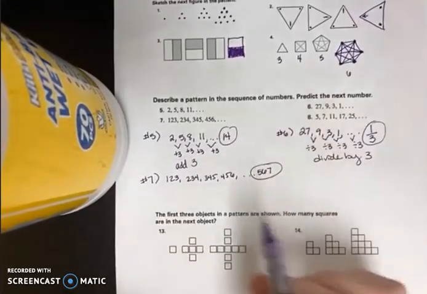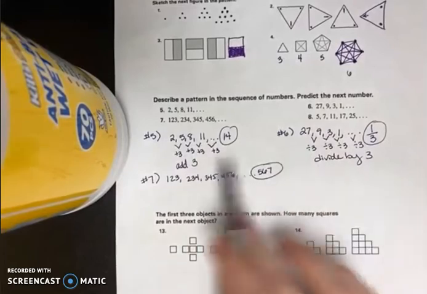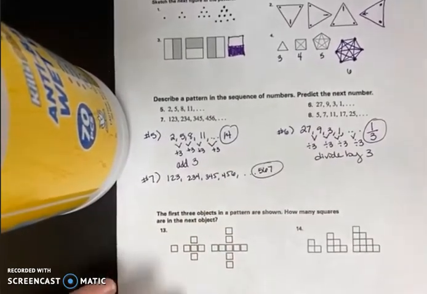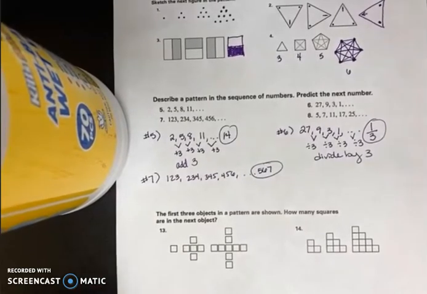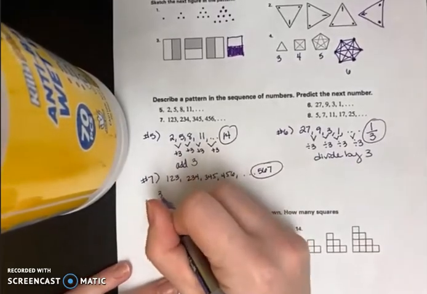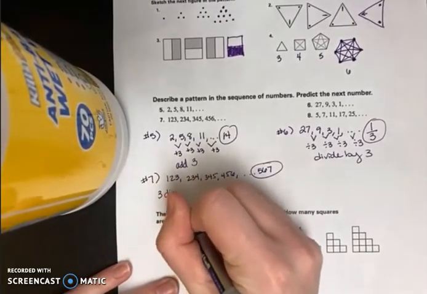It's kind of hard to show the pattern by adding and subtracting and all that because it doesn't work that way. So we do have to actually describe it here, and there's different ways you could word it. I'm just going to say that the pattern is that there are 3 digits.